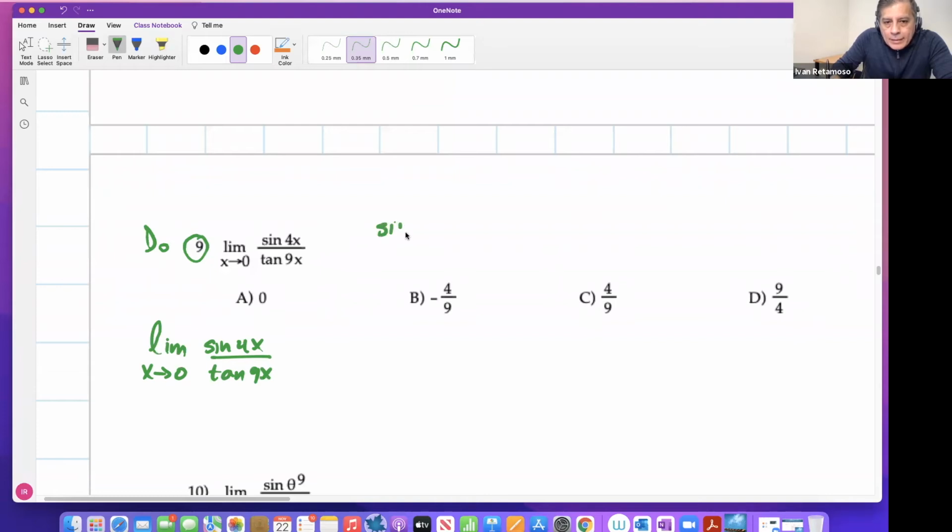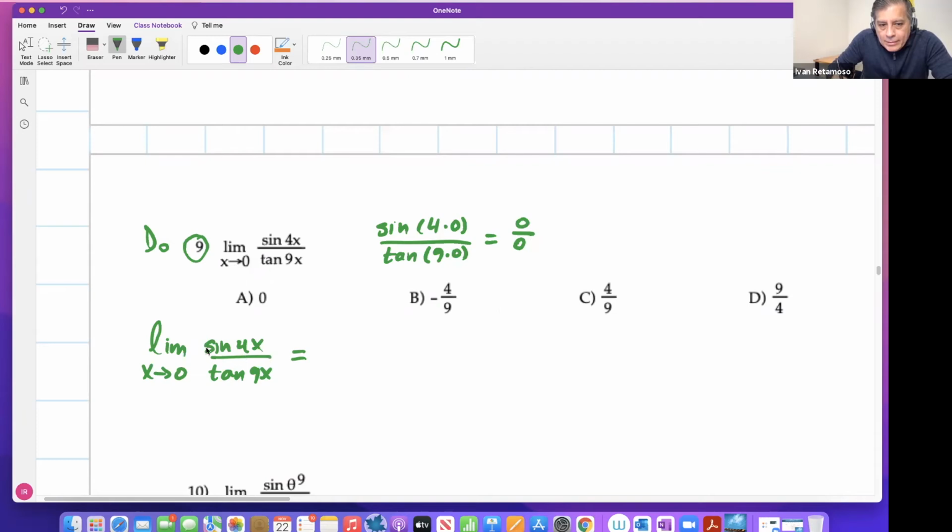Remember, if you attempt direct evaluation or direct substitution, you're going to get yourself in trouble, because this is what's going to happen, right? Sine of 0, 0. Tangent of 9 times 0, 0. Tangent of 0 is 0. 0 over 0, right? Indeterminate form. But don't panic, because we have L'Hopital now to overcome this situation, right? So using L'Hopital's rule, we're going to get the following.